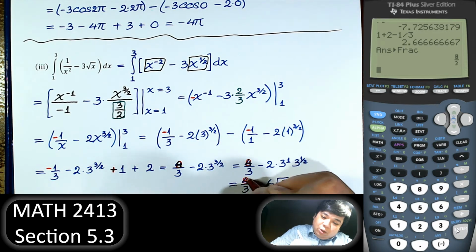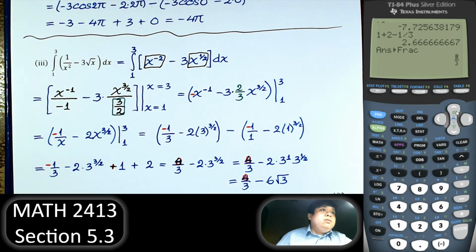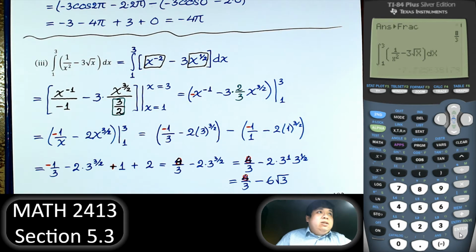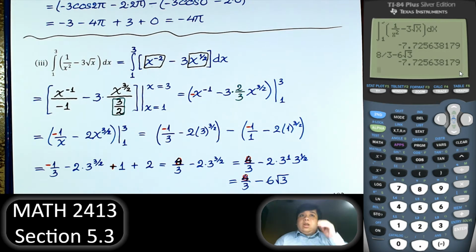So it's 8 over 3 instead. So once again, this is the calculator answer, and our answer are the same.